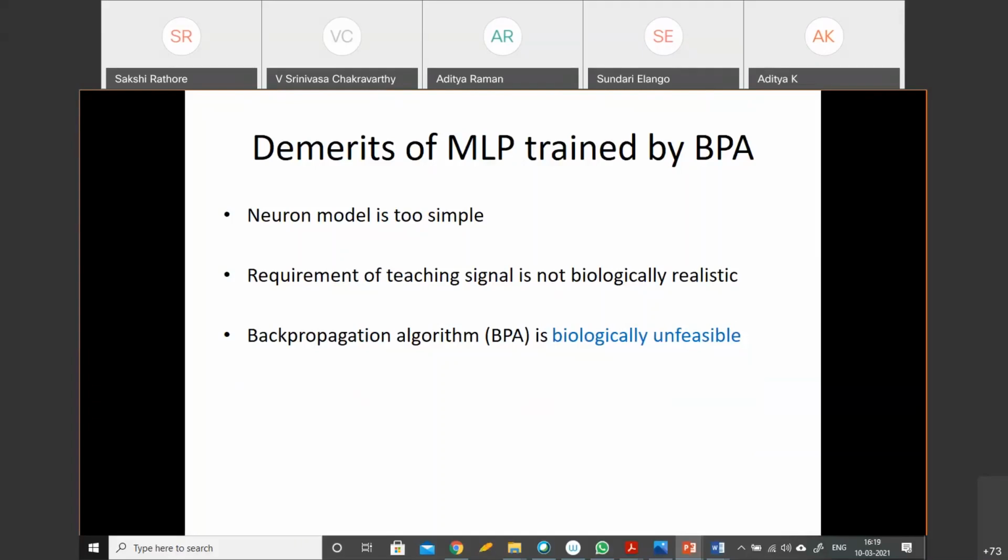And there is the requirement of a teaching signal. Very often, for a given input, the target output may not be available. For example, if I have to learn a tennis serve, there's nobody to come and tell me to move my hand exactly according to this trajectory and these coordinates to make a perfect serve for a given ball.